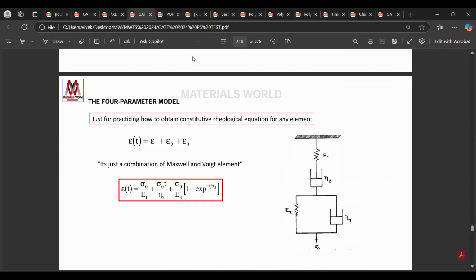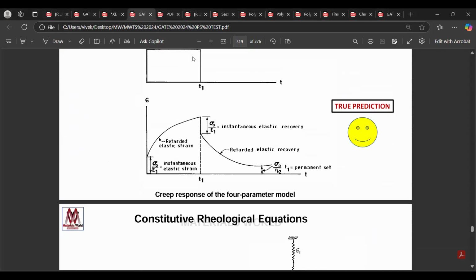The actual effect in polymers is this: when you elongate the polymer, it will have a certain instantaneous elastic strain. Then that strain will keep increasing with time, with, of course, increasing strain rate.